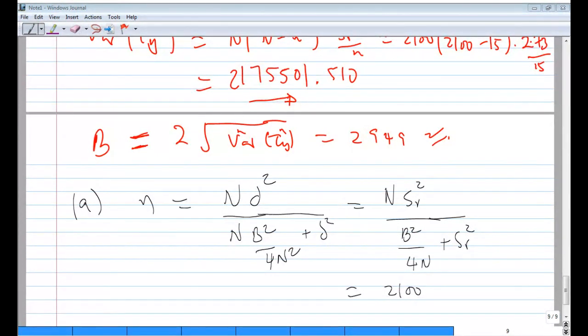Yes, let's continue. So I was asking, do you follow these formulas? Do you understand where they are coming from? Yes, sir. Okay, now with 2100, what is our estimated variance? You said it's 2.73, squared.